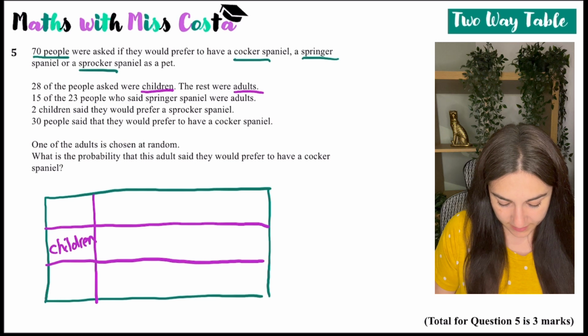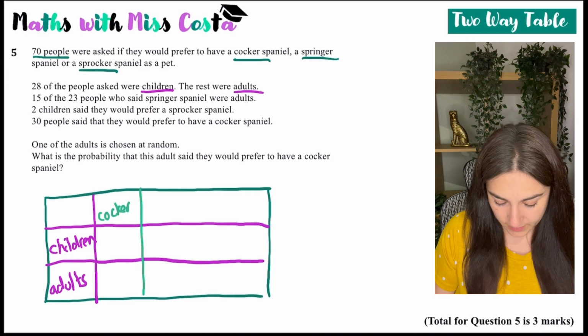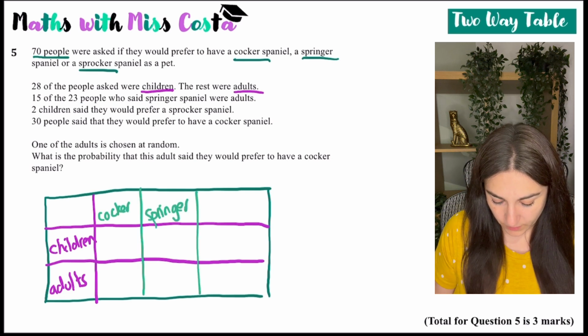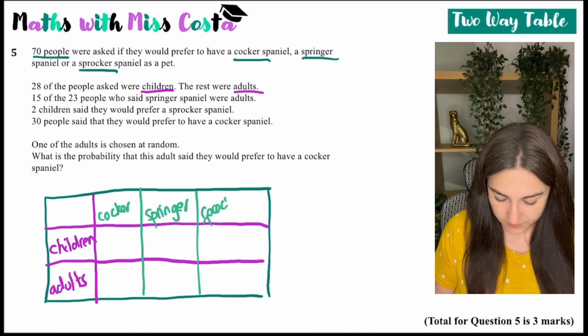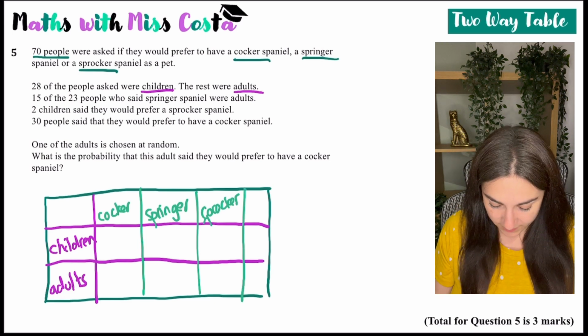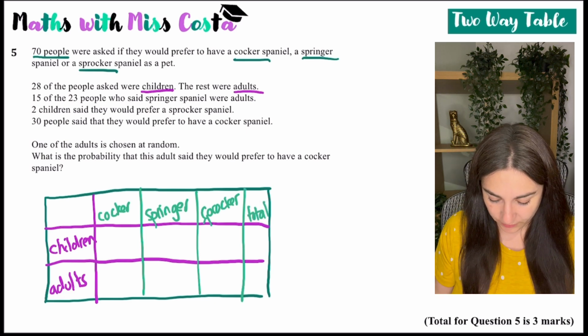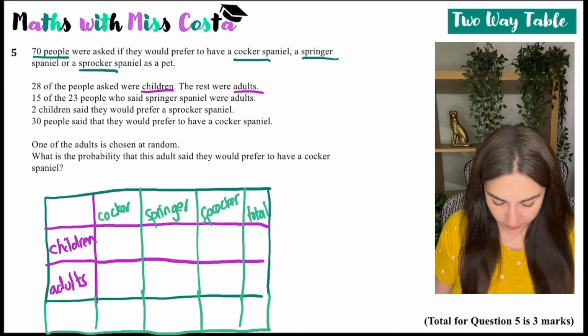There's children and then there's adults, and they had the choices of picking from a Cocker Spaniel, a Springer Spaniel, or a Sprocker. And then with a two-way table, you always just want a total column as well. Sometimes it doesn't work out, so just add it on underneath.